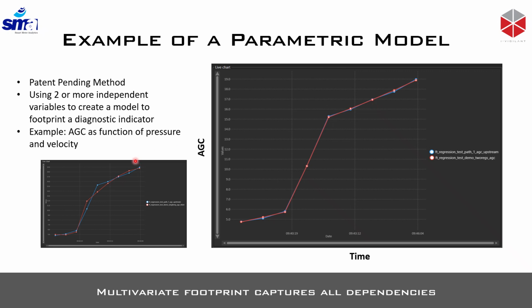Now, in comparison to the data that you see here, which is only using the model based on the velocity, we can see that the model based on the velocity and pressure is significantly better than the model that only relies on single parameters.